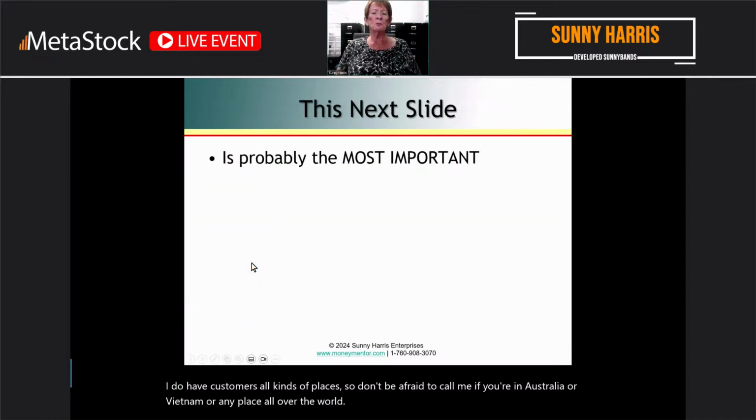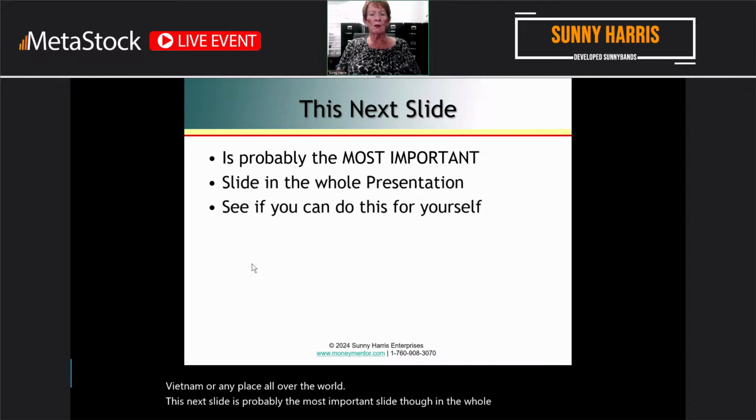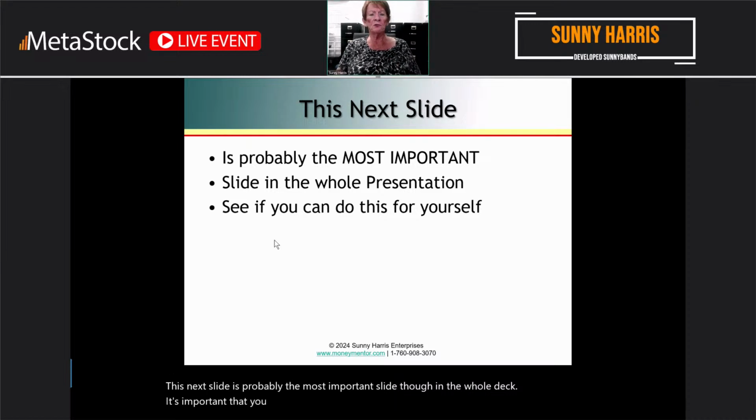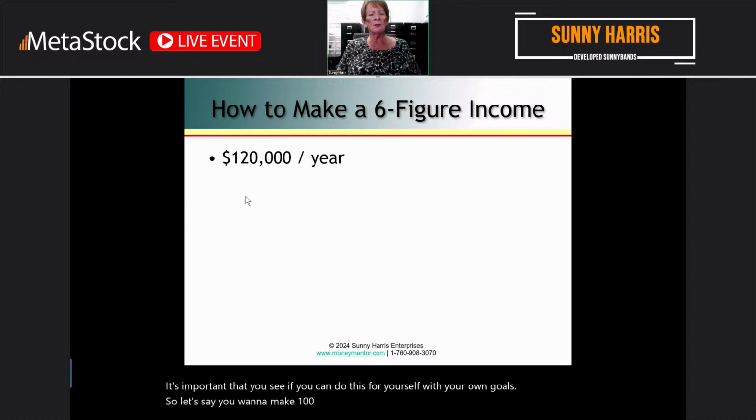This next slide is probably the most important slide, though, in the whole deck. It's important that you see if you can do this for yourself with your own goals. So let's say you want to make $120,000 a year. Now that's a lofty goal for a new trader.